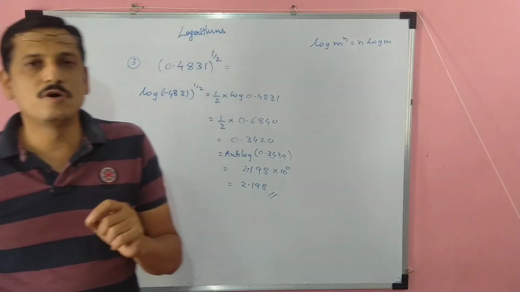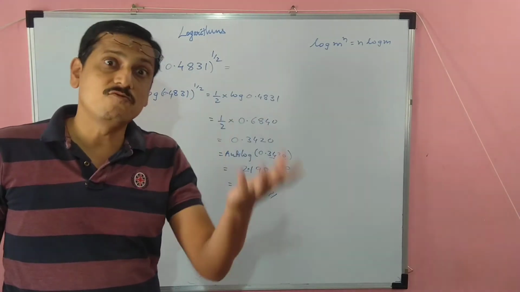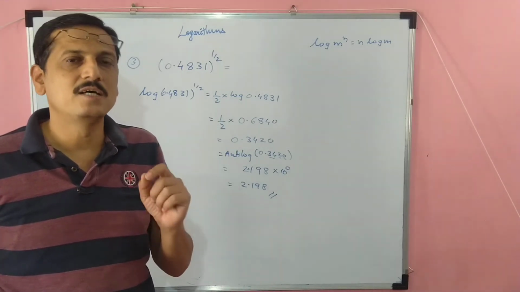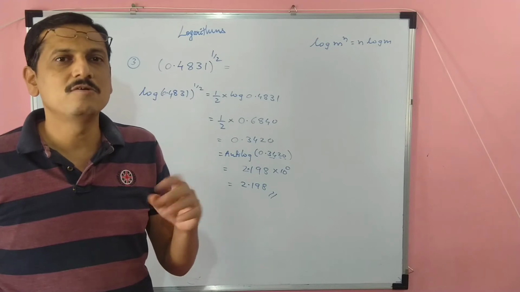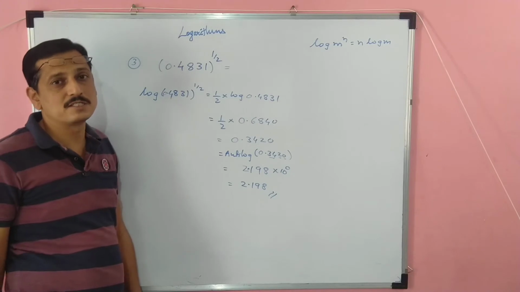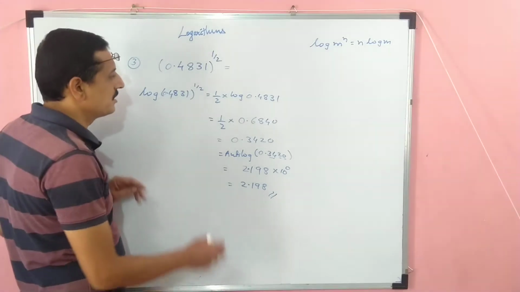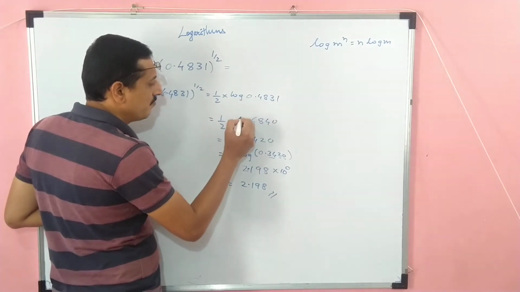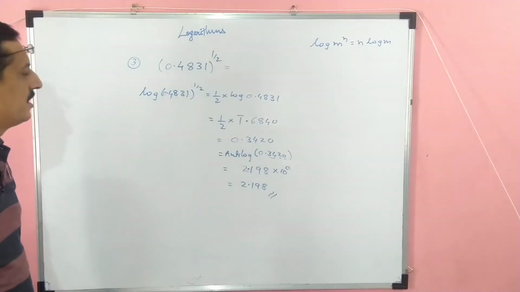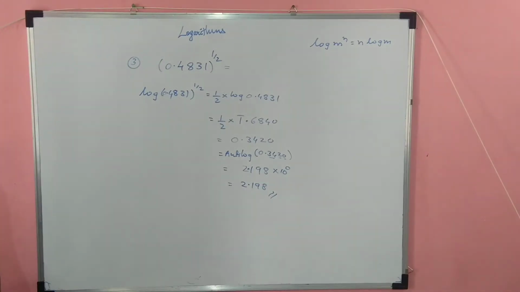The number of zeros between the decimal point and first non-zero digit plus 1 is the characteristic, but because the value is less than 1, the characteristic is negative. That is nothing but called bar 1. So we discussed all this in the previous video, student. Please go through it again if you have any doubt. So it is 1, but it is bar 1 because the value is less than 1. Therefore it is bar 1.6840.